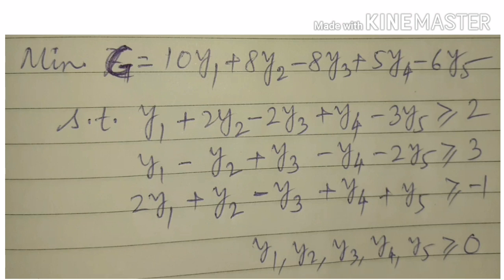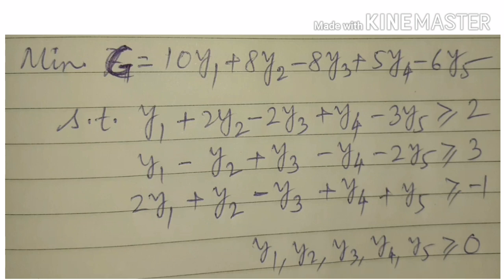So we take y2 minus y3 as a new variable, and as y1, y2, y3, y4, y5 are all non-negative, y2 minus y3 should be unrestricted in sign.